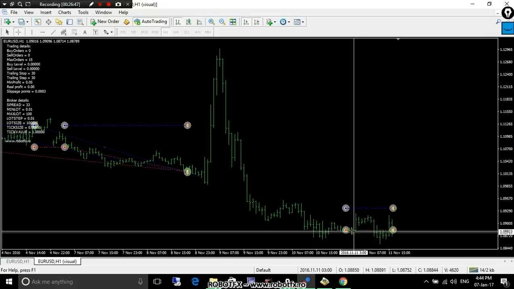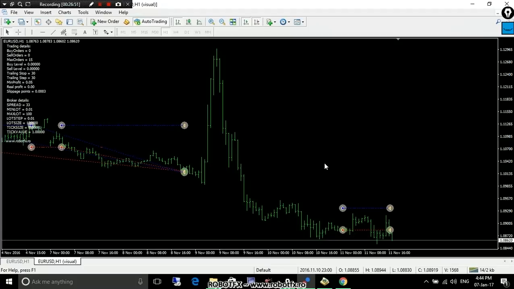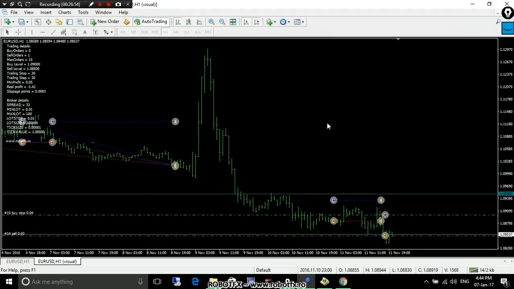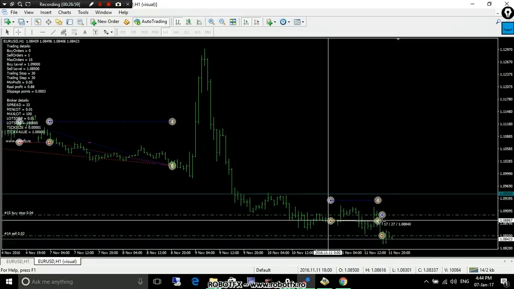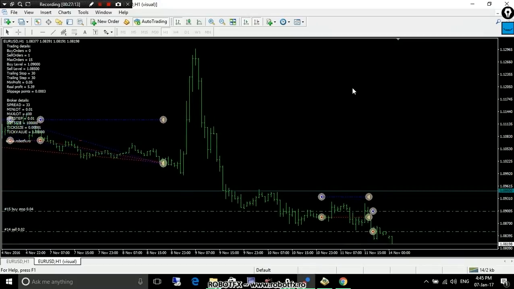So anyway, this trade was basically a winner, not a loser. After the expert advisor closes the martingale trade in profit, even if it's 1 cent or 5 cents profit, the next trade will resume with the lot size chosen within the expert advisor settings, 0.02. That's the initial lot size.